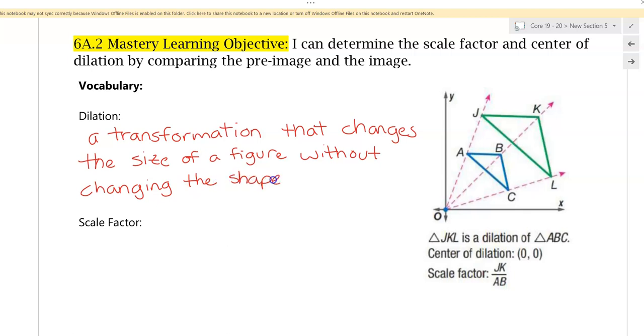Okay. So if you look at this picture on the right, it changes the size of a figure, but it doesn't change the shape.